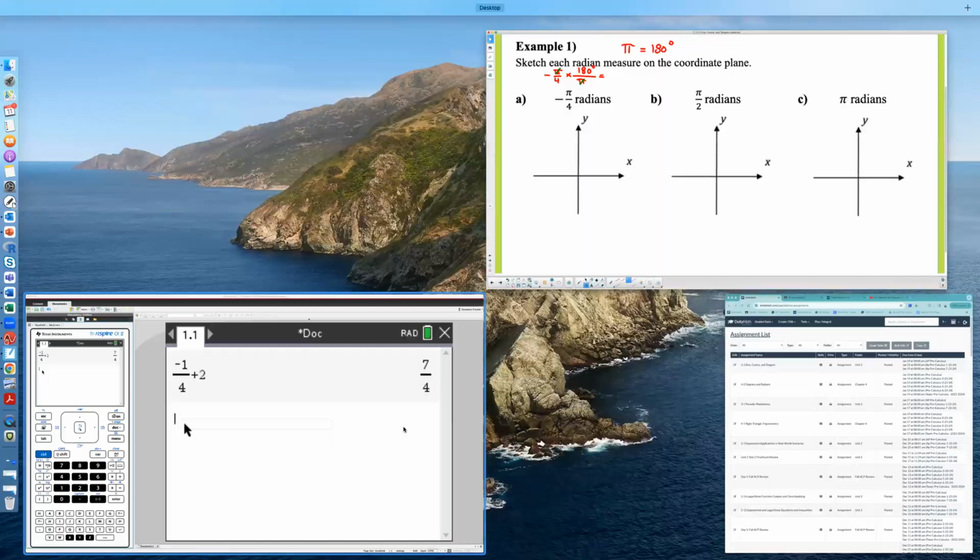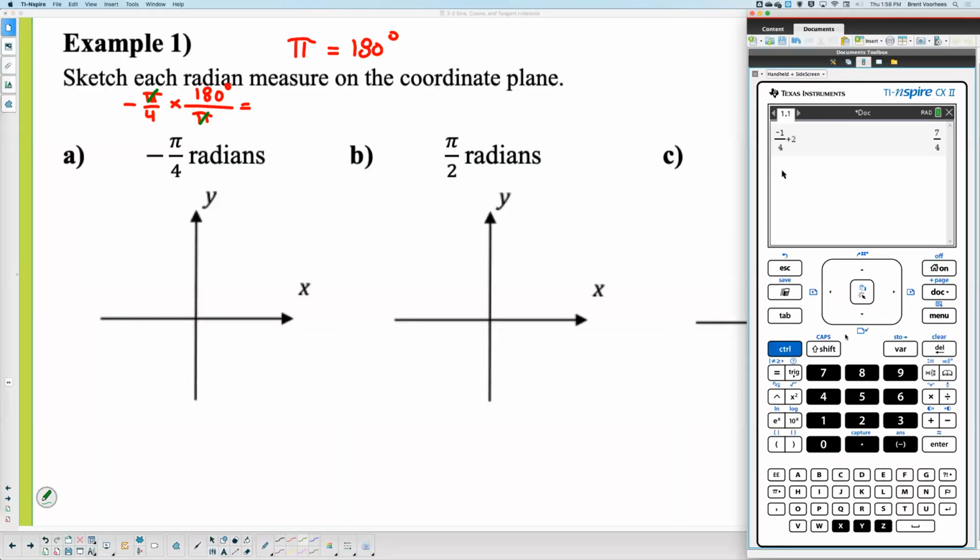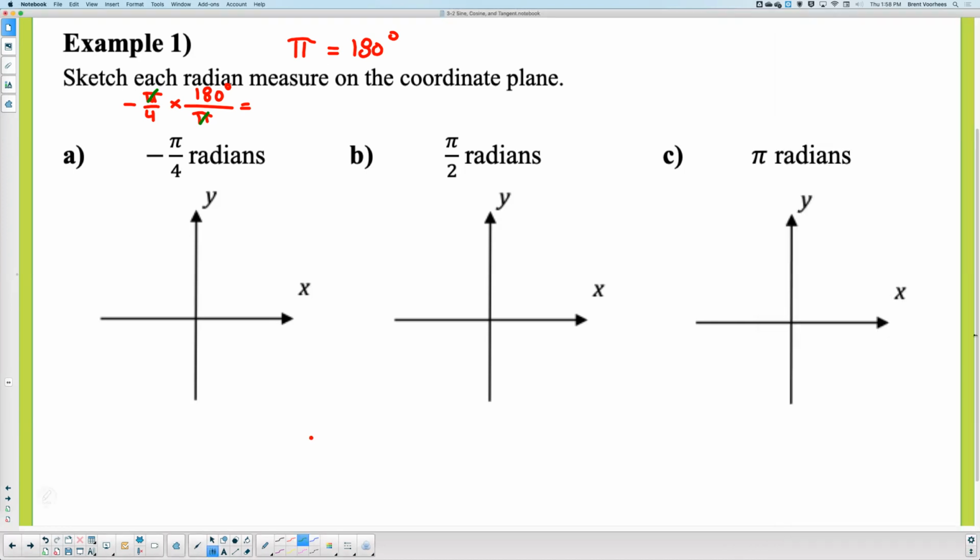So I'm going to go menu, calculator, negative, and since my pi canceled out, I'm just going to put 1 over 4 times 180. And I get negative 45. This is equivalent to negative 45 degrees.